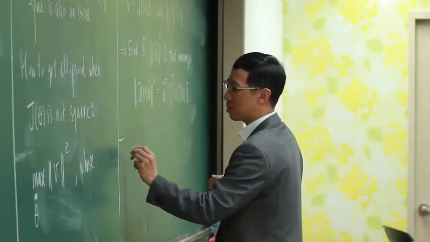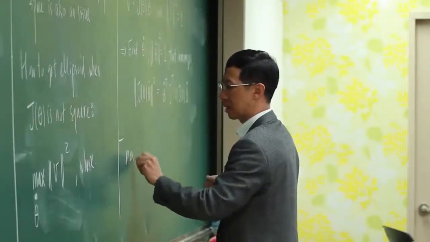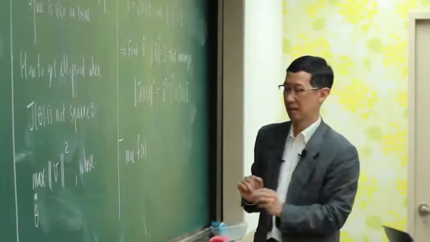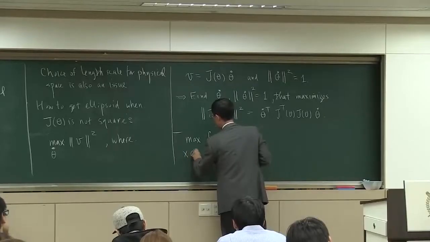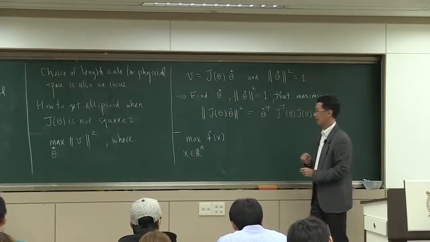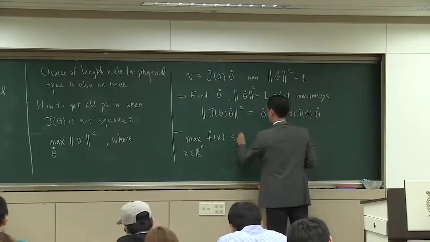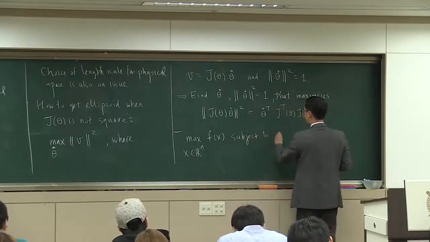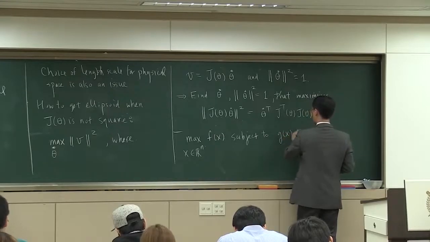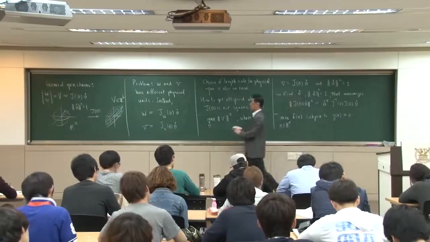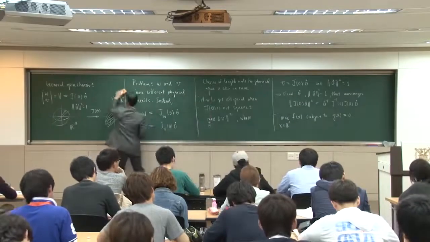Suppose we want to maximize some function f of x, where x is n-dimensional, subject to some constraint on x of the form g of x equals 0. Let's specify f and g a little more carefully.